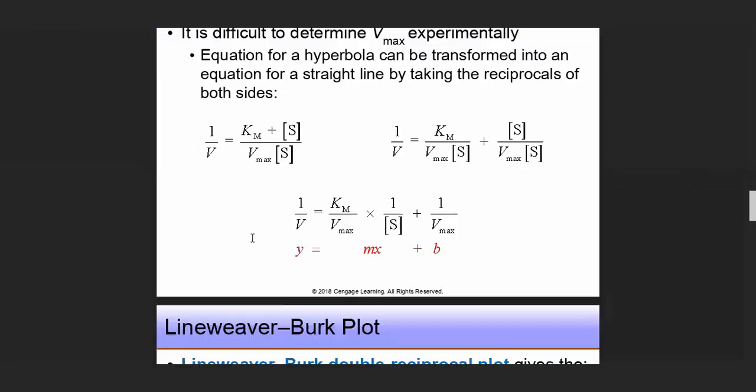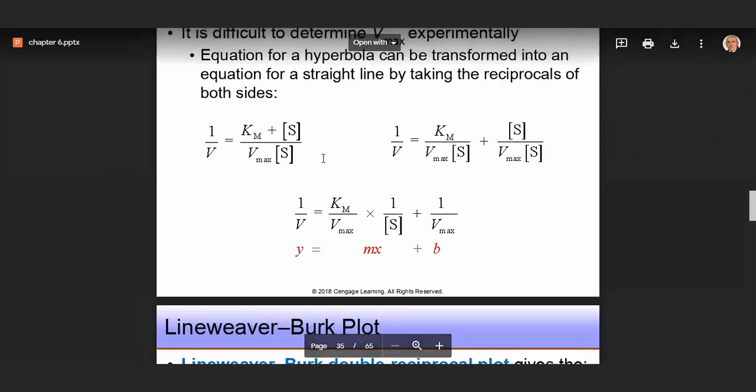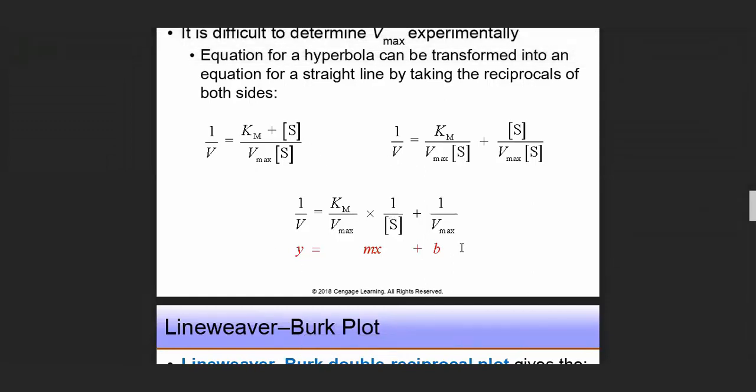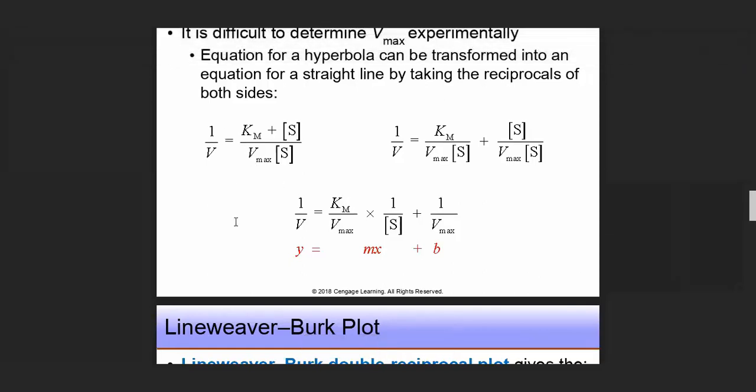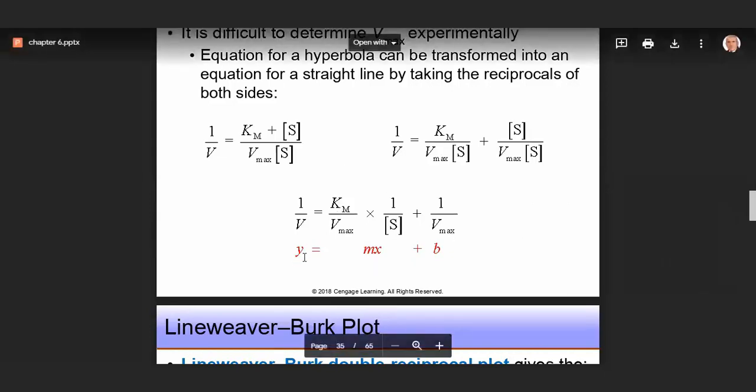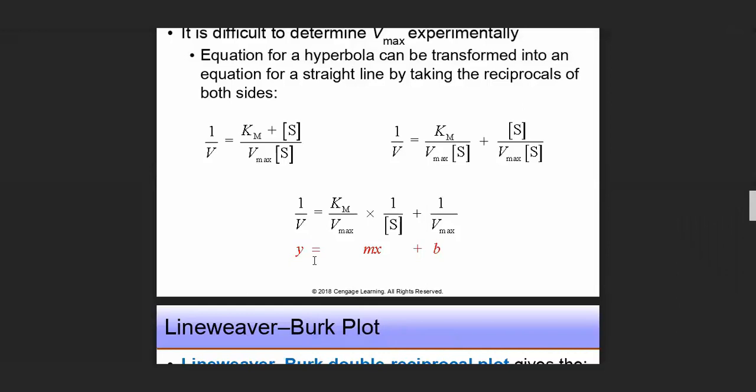So two scientists, Lineweaver and Burk, transformed the Michaelis-Menten equation into an equation of a straight line, a linear equation. What they did, they took the Michaelis-Menten equation and turned it upside down so that we have 1 over V equal this, and then arranged it in this order so that it resembles the equation for a straight line.